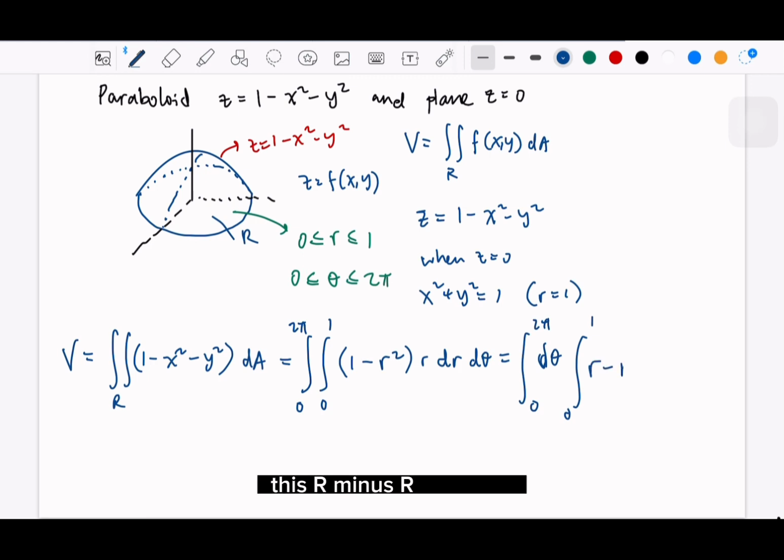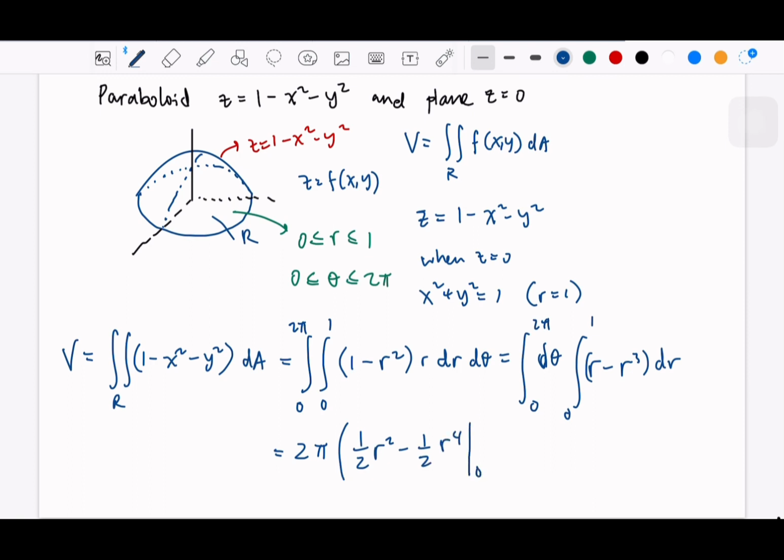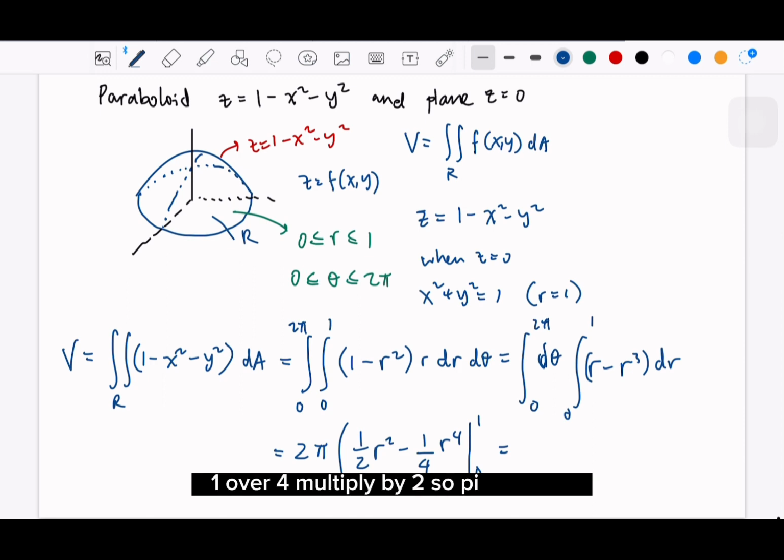So this is r minus r cubed dr. And this will be 2 pi times half r squared minus one quarter r to the fourth. So half minus 1 over 4 is 1 over 4, multiplied by 2 pi, so pi over 2.